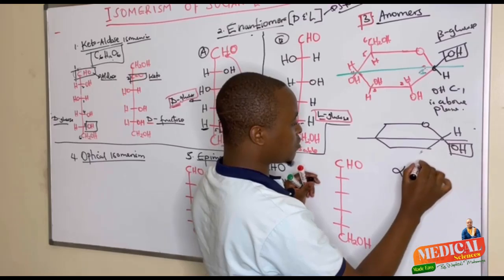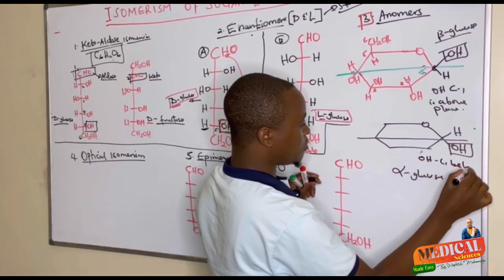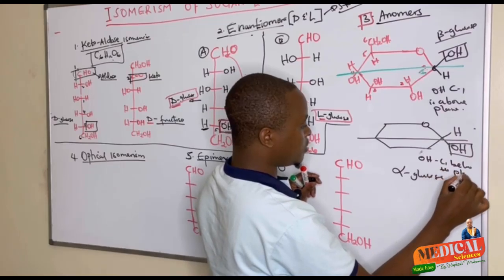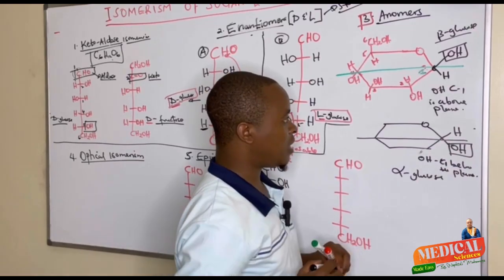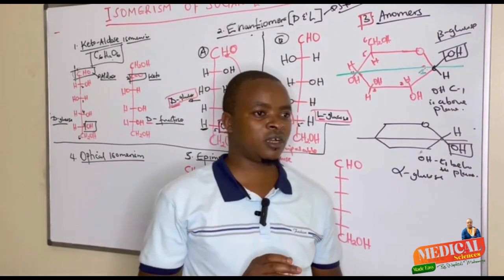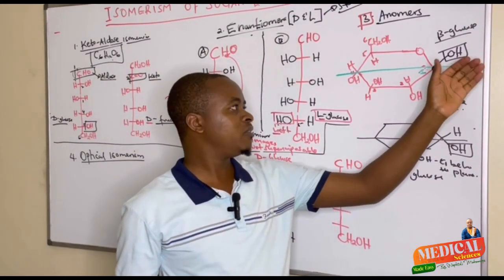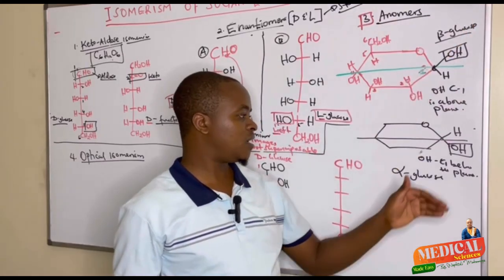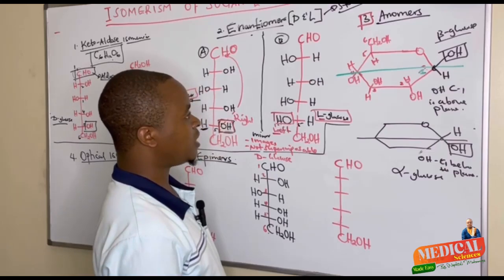So this is what distinguishes alpha sugar from beta sugar. The hydroxyl group at anomeric carbon atom number 1, when it is above the plane, is beta, and when it is below the plane, it is alpha, according to the way we write them.